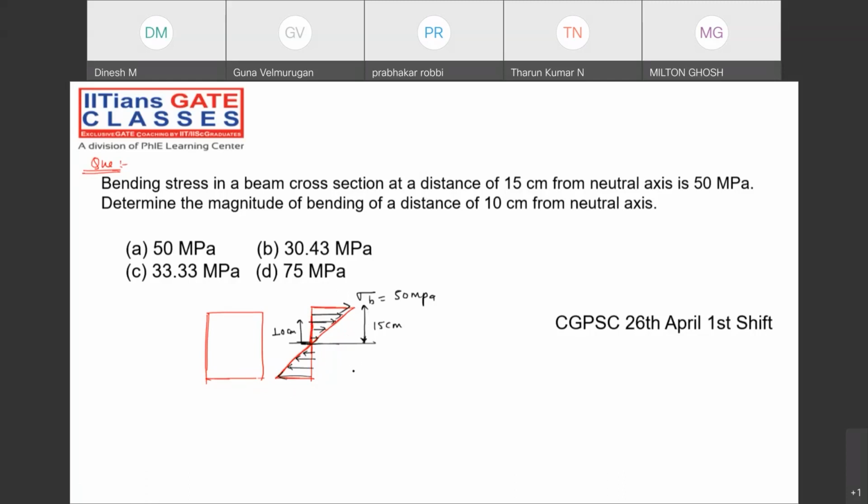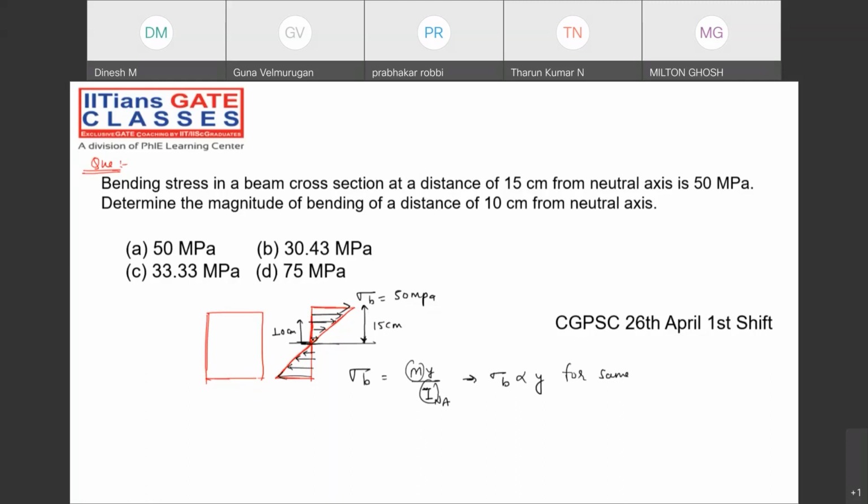See, sigma b value is M by I into y. The bending moment is the same, and I about the neutral axis will also be the same. So sigma b will be directly proportional to y for the same bending moment.